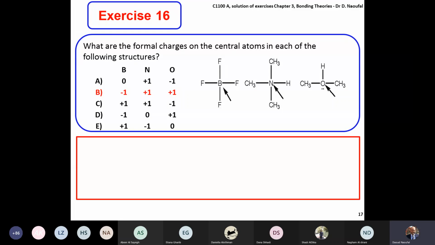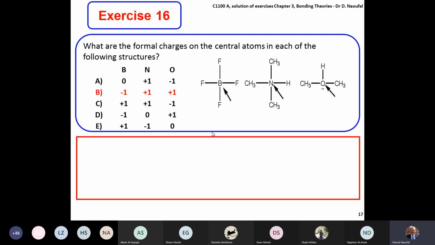Exercise 16. What are the formal charges on the central atoms in each of the following structures? The formal charge is equal to the valence electrons of the atom minus the non-bonding electrons minus the number of bonds, or minus half the bonding electrons.